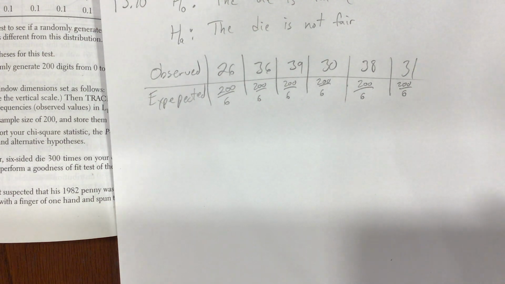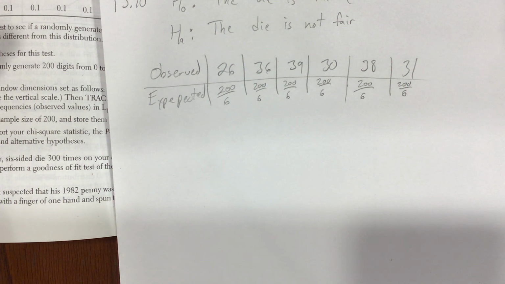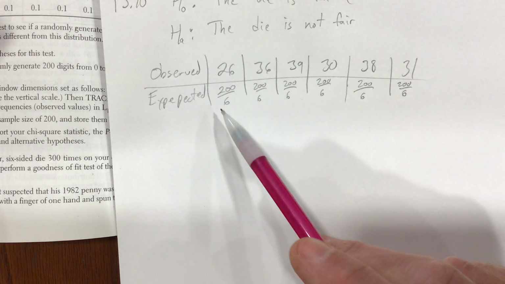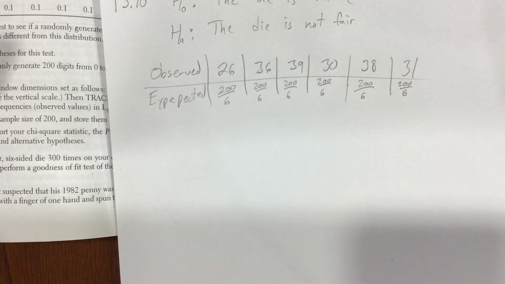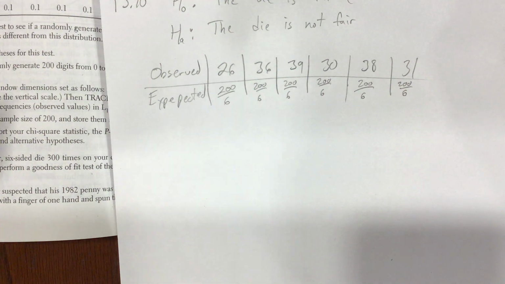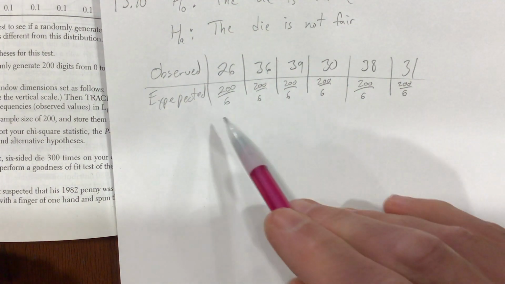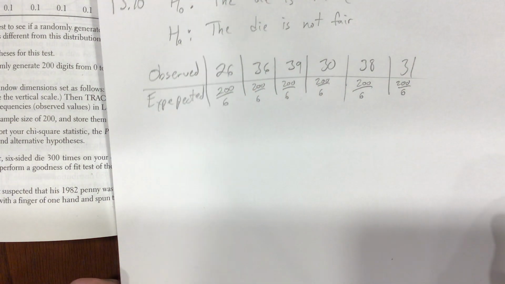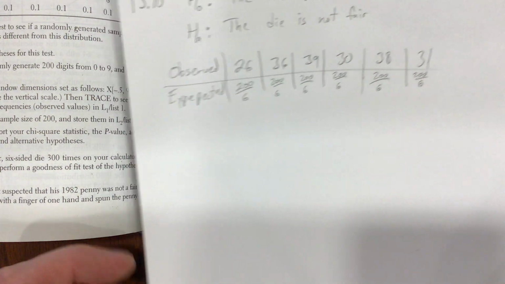In order to have a chi-square distribution, all of our expected counts have to be, for our book, at least 1, and no more than 20% below 5. Some books just say all at least 5. A little simpler, but that's not what our book does. Our book has a little more tolerance for potential error. So anyway, all these are at least 1, and 0% of them are less than 5.